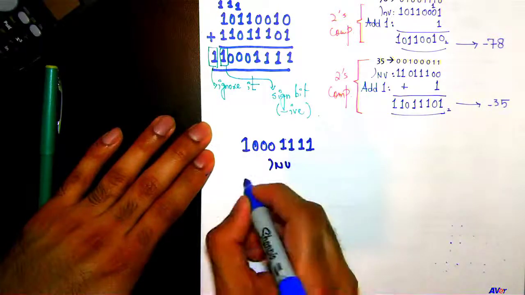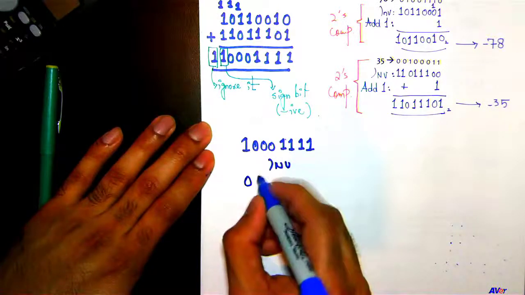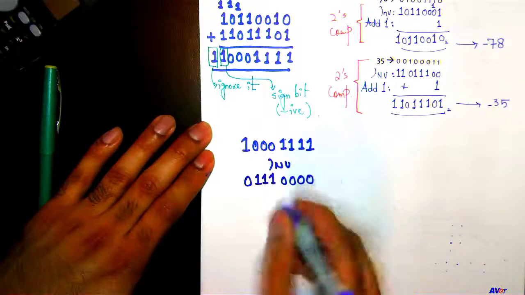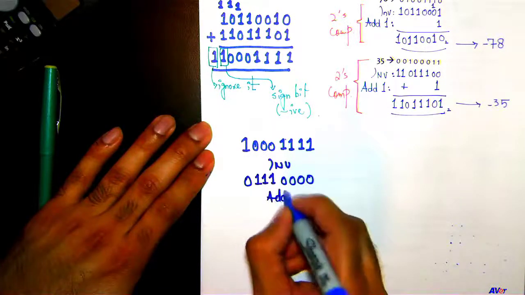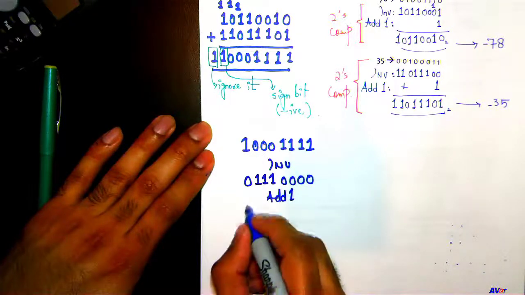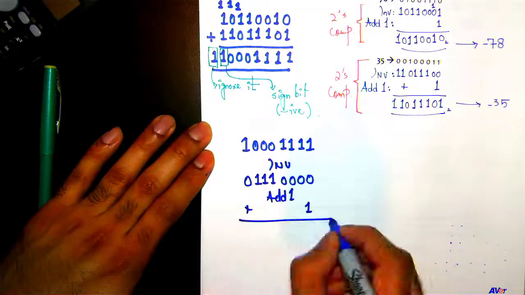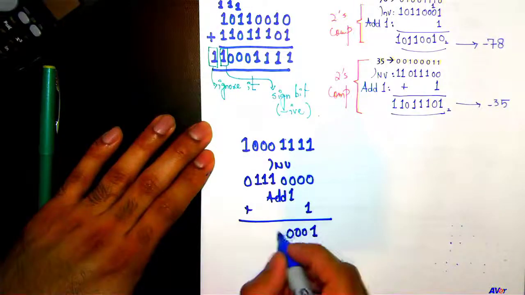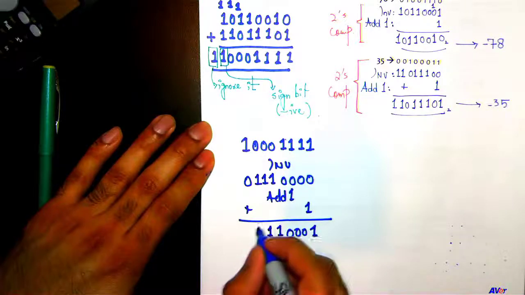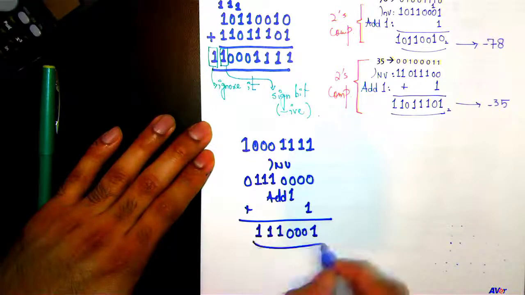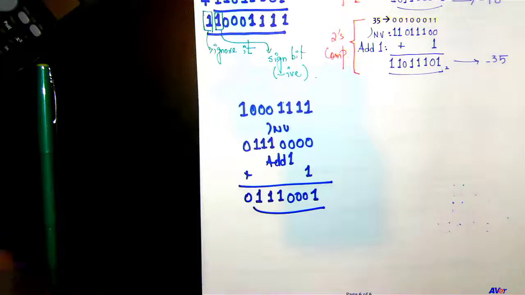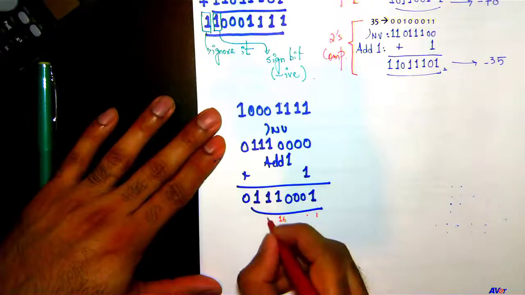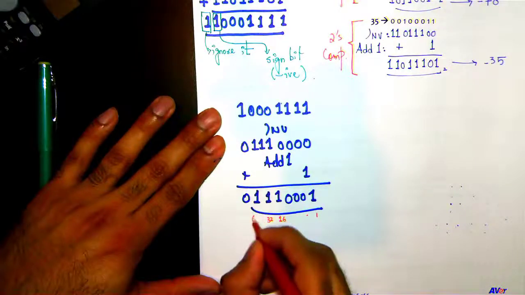Inverting it first: 0, 1, 1, 0, 0, 0, 0, and then adding 1. So you get 1, 0, 0, 1, 1, 1, 0. Okay, all right. Let's add these numbers: 1, 2, 4, 8, 16, 32, and 64.